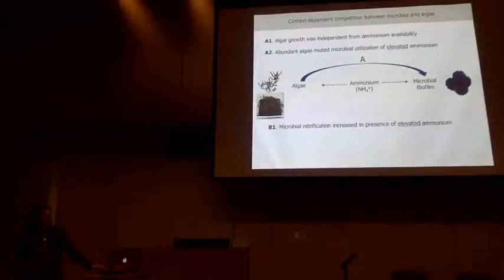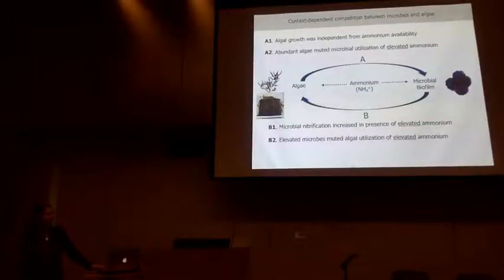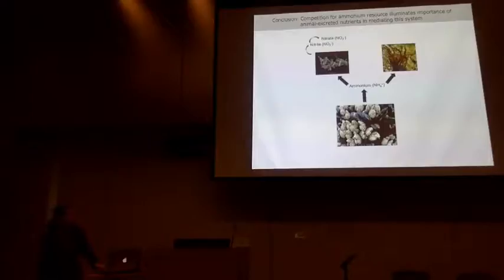In the other direction, microbial nitrification indeed increased in the presence of elevated ammonium, and these elevated microbes seem to mute algal utilization of ammonium, but only when it was elevated. And so what I have concluded from all this is that I do measure competition for this ammonium resource, which illuminates the importance of animal-excreted nutrients in mediating what could actually be going on in this system.